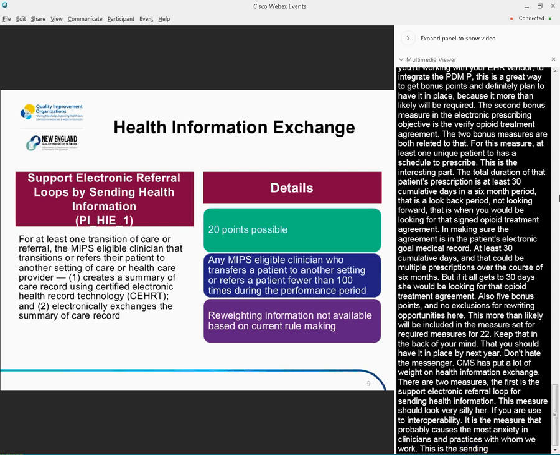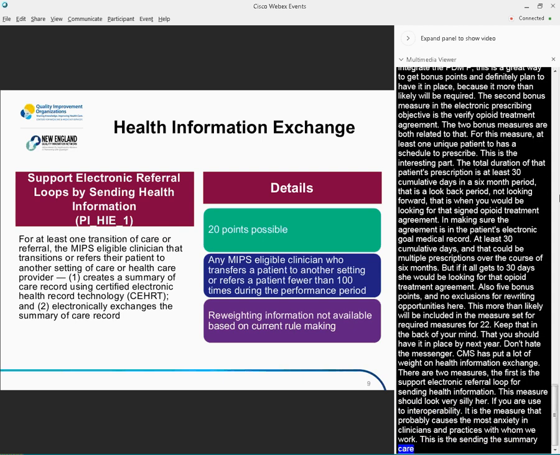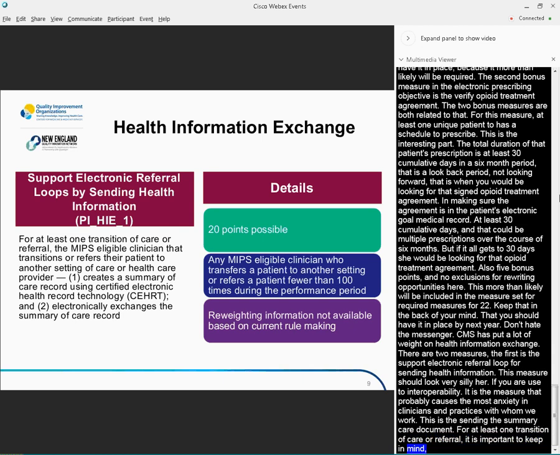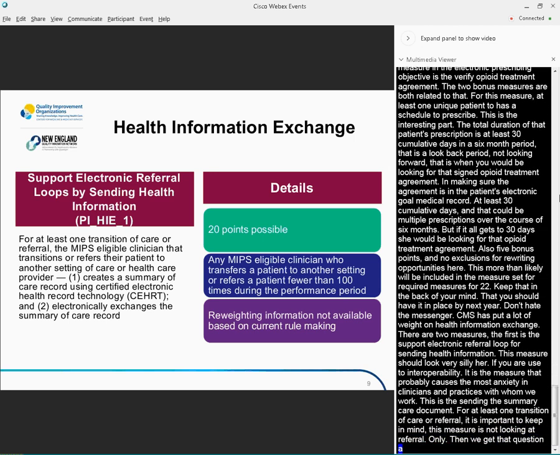So for at least one transition of care or referral, and that's really important to keep in mind, this measure is not strictly looking at referrals. We get that question a lot. My practice doesn't refer patients out, or a specialty practice. That definitely could be the case if you are typically getting referrals into your practice. But this also is looking at those transitions of care.